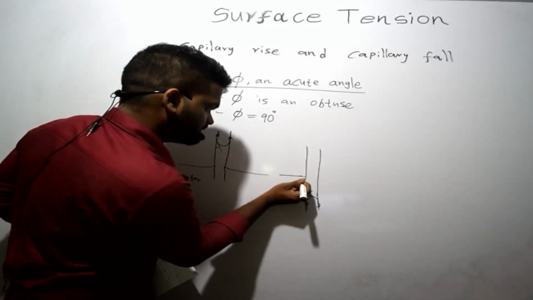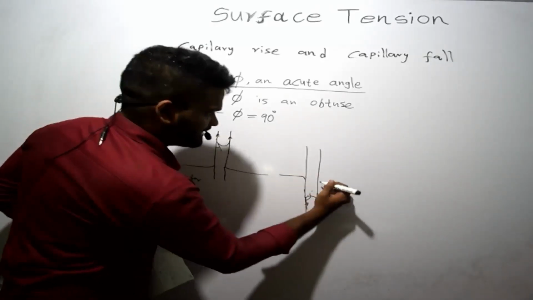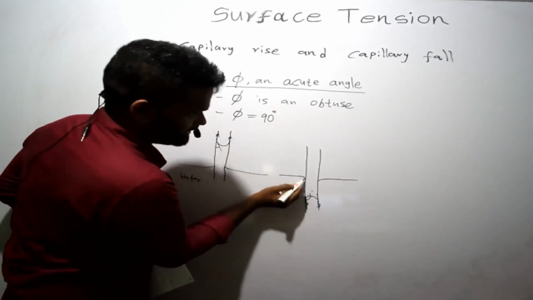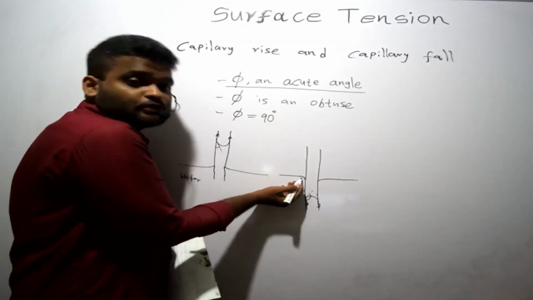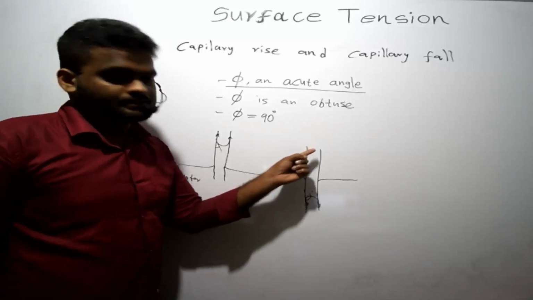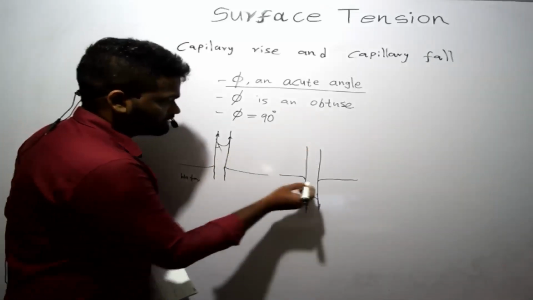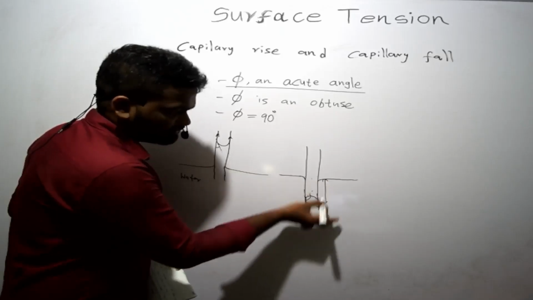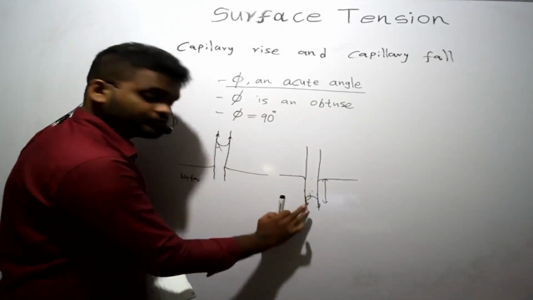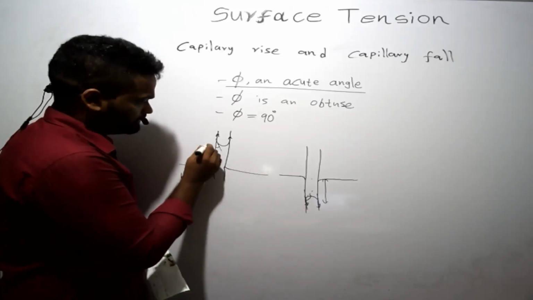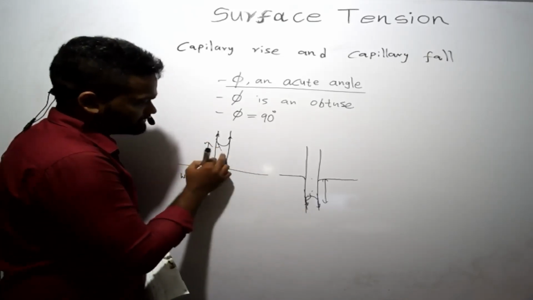Whenever the liquid contacts the glass, it has to create an obtuse angle, so this is not possible if there's a capillary rise. Now this is called capillary fall, right? This also is due to surface tension. So here capillary rise, capillary fall.